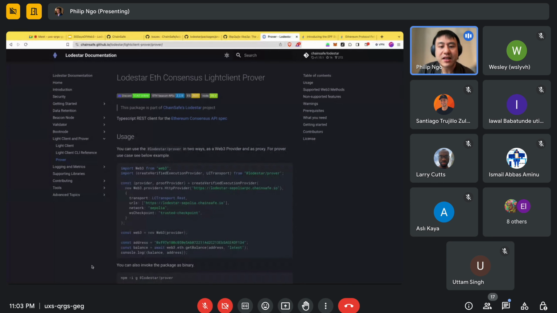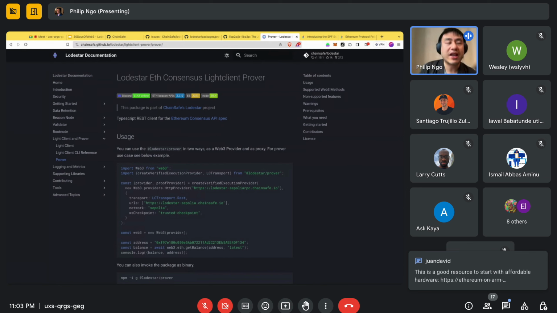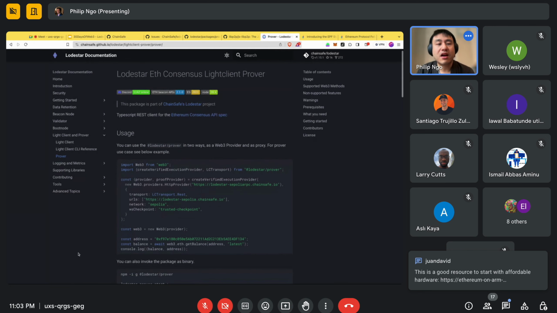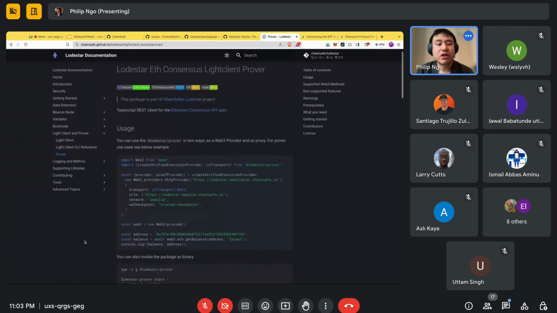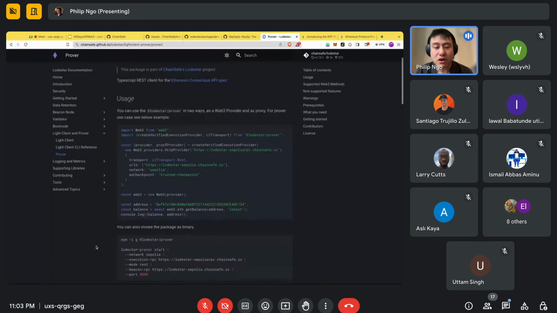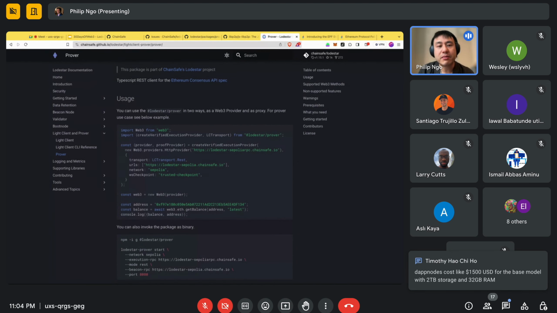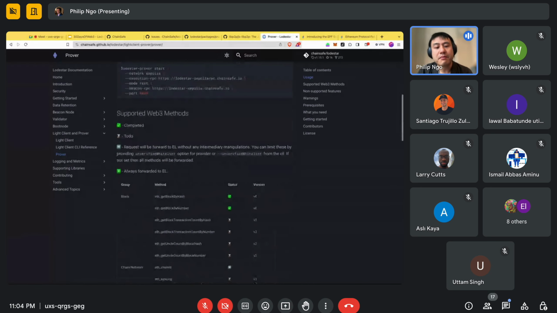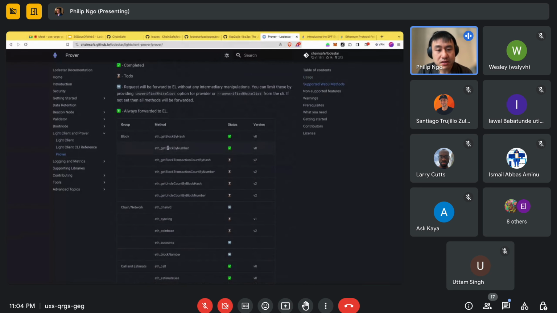So Lodestar prover is basically a Web3 provider, it can act as a proxy to allow you to utilize Web3.js or Ethers.js or whatever your Web3 provider of choice to utilize the light client specifications on Ethereum to prove that something is true. So whether that be an account balance or anything like that, these are currently some of the Web3 methods that we support right now.